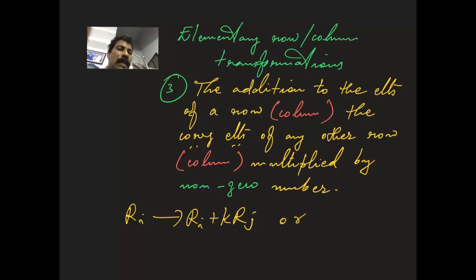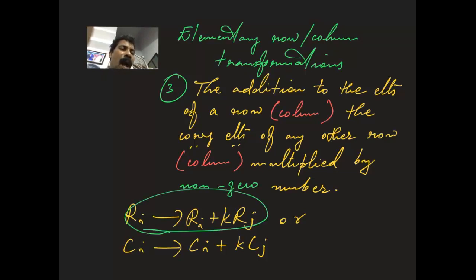Or equivalently, we can go for ith column transformed as ith column plus a non-zero scalar times jth column elements. That is Ri transformed as Ri plus kRj or Ci transformed as Ci plus kCj. Ri transformed as Ri plus kRj means we are adding k times jth row elements to ith row, and Ci transformed as Ci plus kCj means we are adding k times elements of the jth column to the corresponding elements of the ith column. That's all.